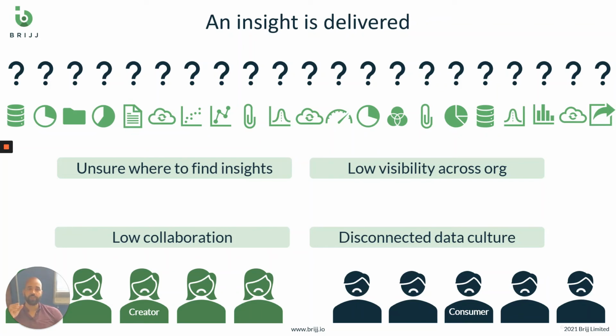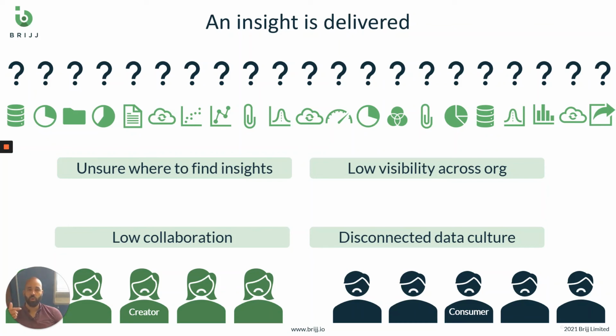It seems so obvious, but our research shows lots of organisations have this problem. But worryingly, it's the consumers that know this problem exists, but creators don't realise it. Creators know there is valuable insight in their organisation because they built it. But often consumers don't feel the same way.